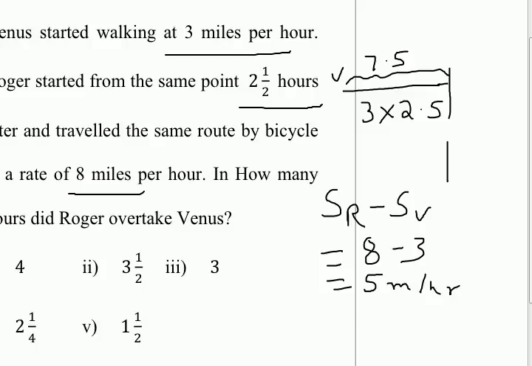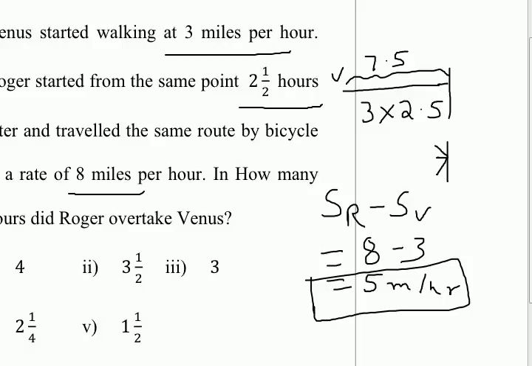So this is the point that Roger starts, and the question essentially is how much time will it take Roger to catch up with Venus? Given that their relative speed is 5 miles an hour, every hour Roger catches up on Venus by 5 miles.